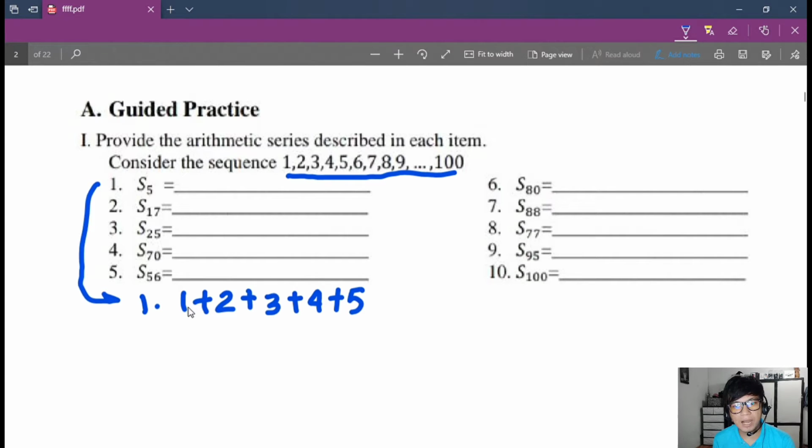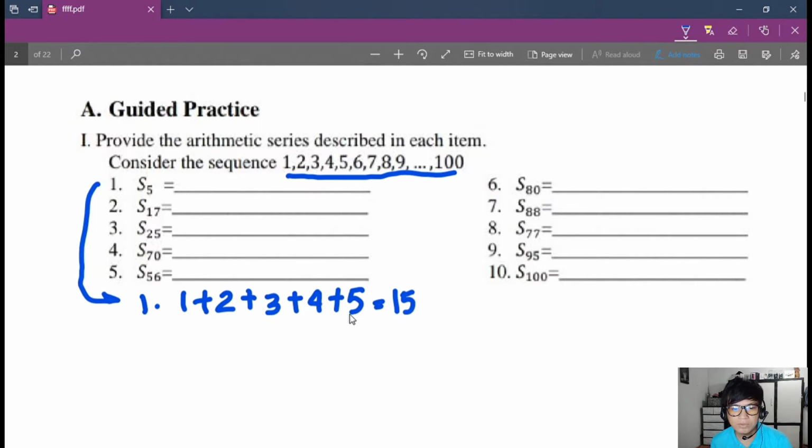Ito yung arithmetic series ng S sub 5, the sum of the first 5 terms. So, if we're going to add all of that, that is 1 plus 2 is 3, 3 plus 3 is 6, plus 4 is 10, plus 5 is 15. So, the sum of the first 5 terms is 15.